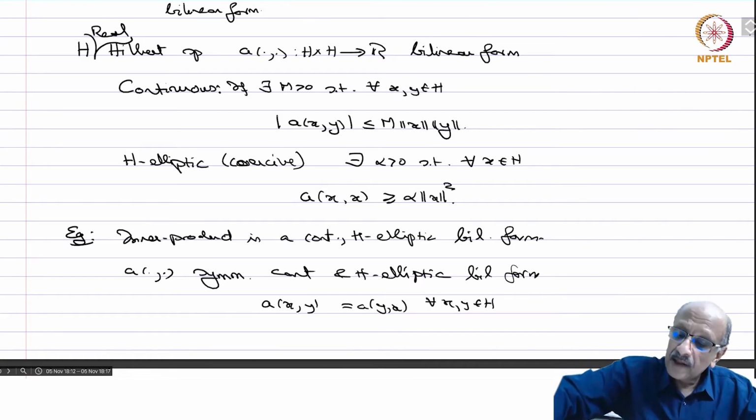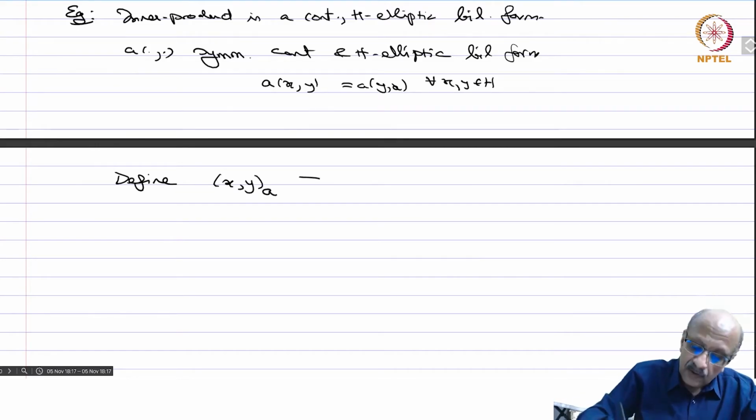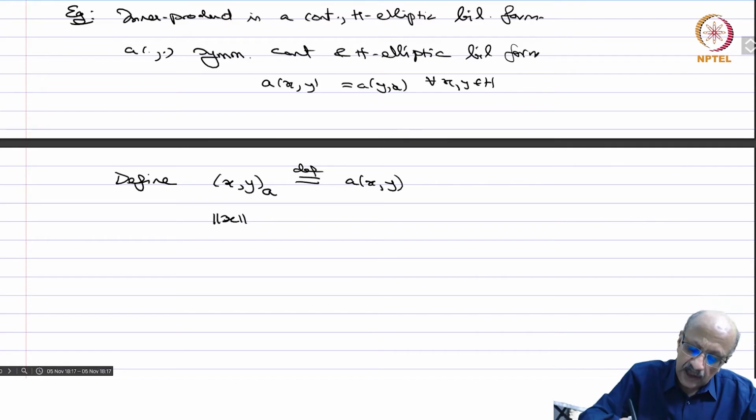Then you can define a new inner product, (x,y)_A, which we can define as A(x,y). Well, it's linear in both variables, it is symmetric as given, and A(x,x) is greater than or equal to alpha (x,x). So norm x_A is the square root of A(x,x).